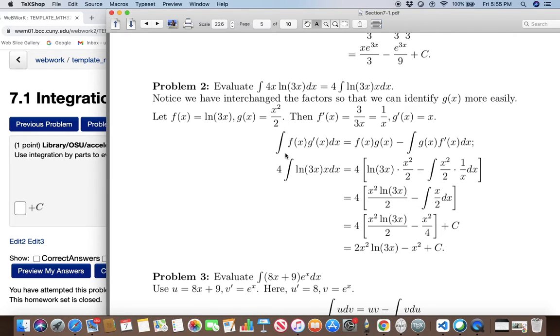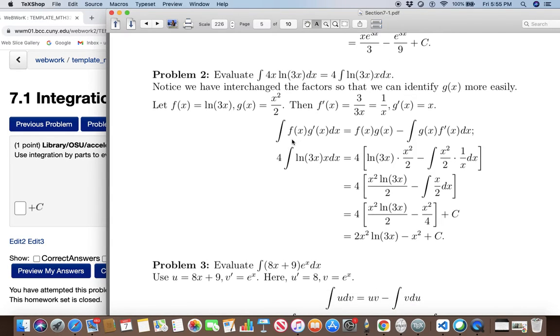So formula of integration by parts. Integral f g prime is fg minus integral g f prime. Sorry. I have that 4 here, remember? So I'll place it outside. Let's identify this integration. Natural log 3x, x dx.